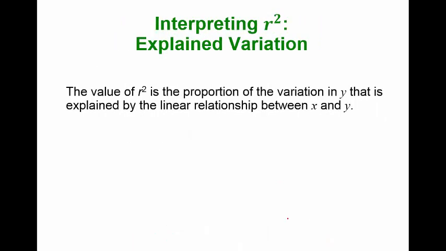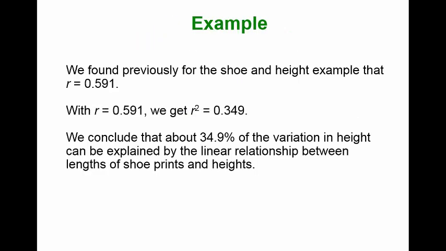The R squared also plays an important part. It turns out that the value of R squared is the proportion or the percentage of variation in the Y variable that's explained by our linear regression line, our linear relationship. In our example, the R was 0.591.